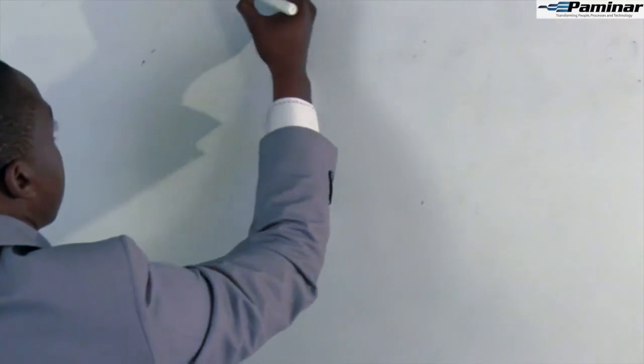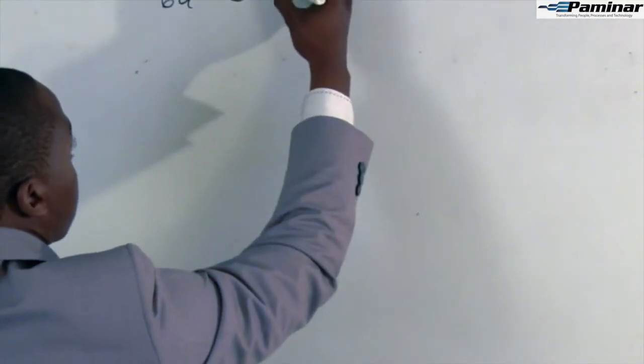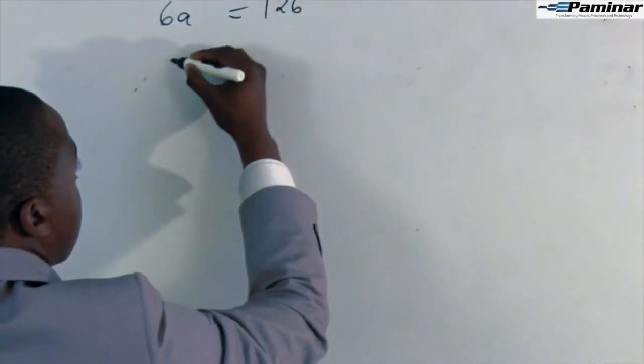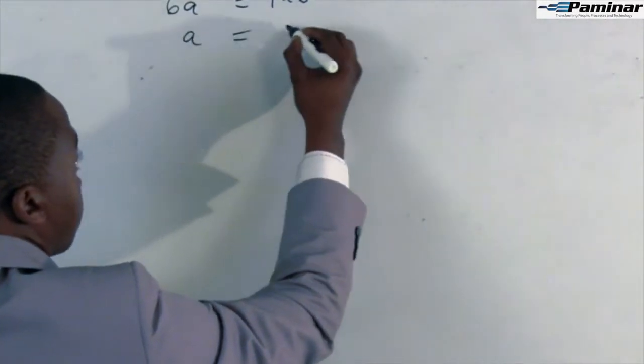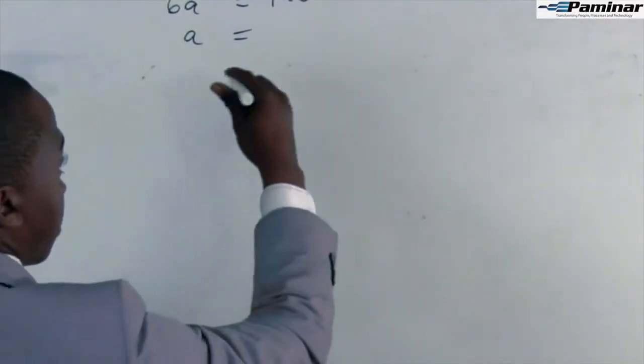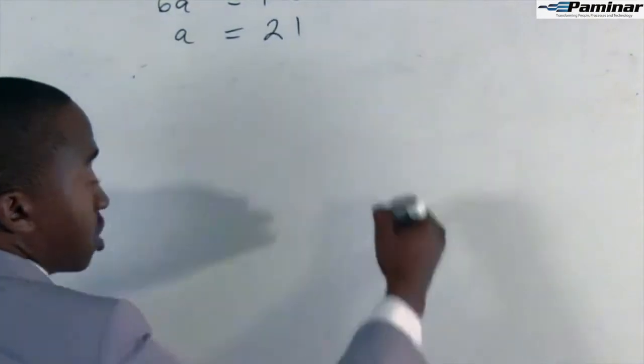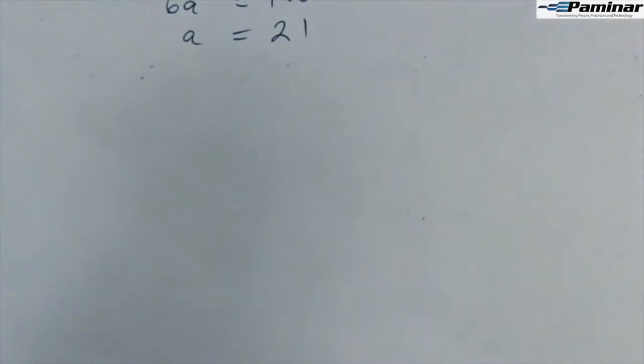Then ultimately 6a is equal to 126. Therefore a should be 126 divided by 6, which is 21. Okay, that's a.